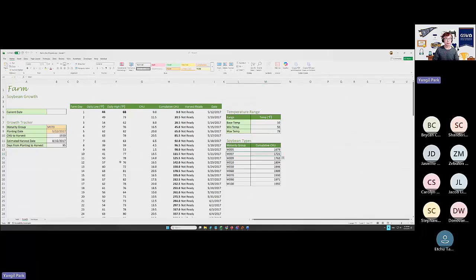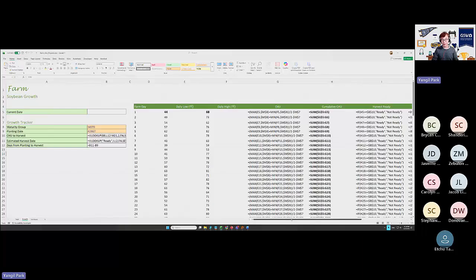So rather than putting it in manually, you want to use the IF function to say whether it is ready or not. If the number is not greater than or equal to 1,721, it's not ready. As soon as it hits this number, it's going to say ready. So we're going to use the IF function to do that.